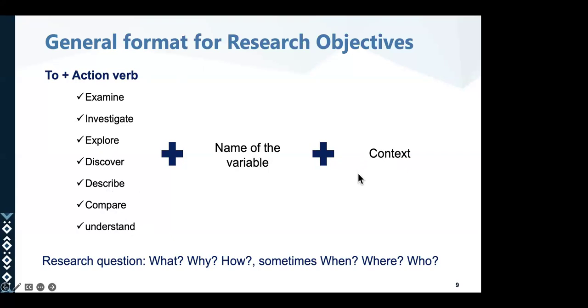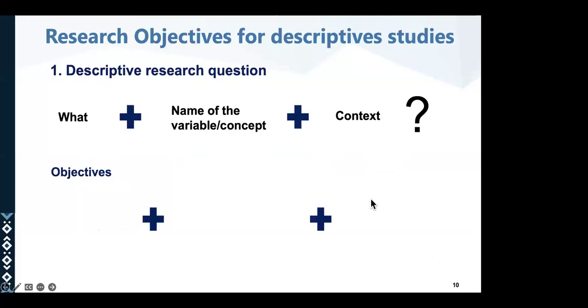What are we interested in? In which context? So for a descriptive research question, remember, a descriptive research question most of the time is about what? Then we have the name of the variable or concept, and then we have the specific context, and of course, a question mark.